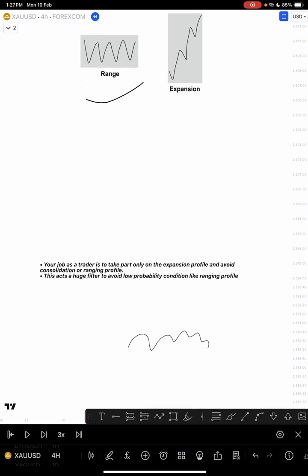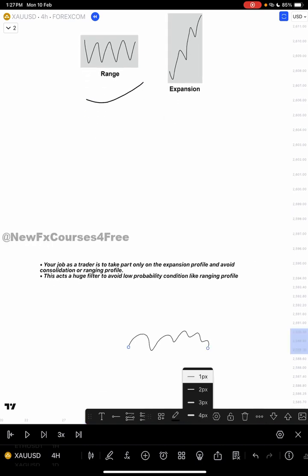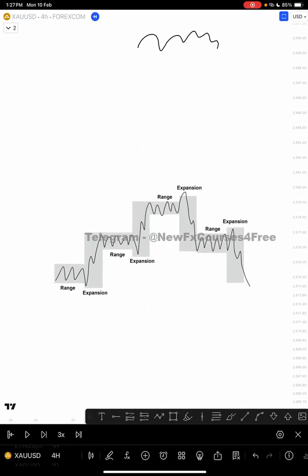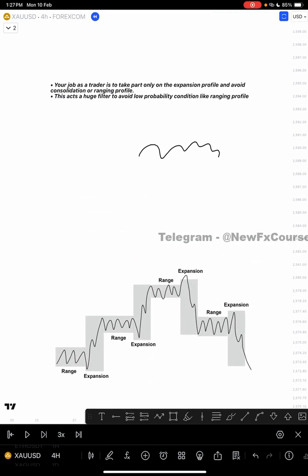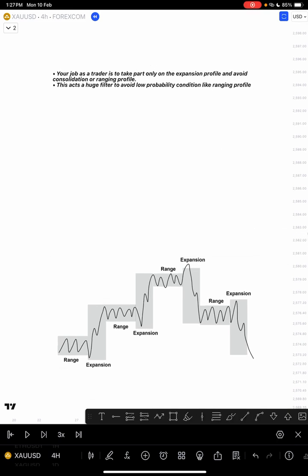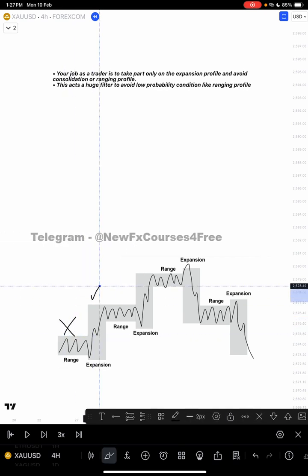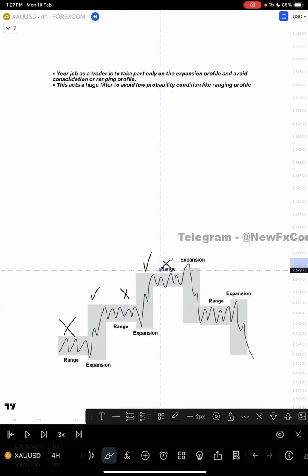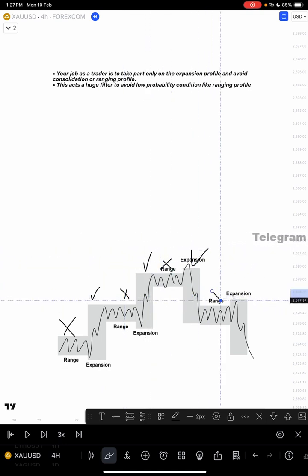So we are to avoid trading the ranging profile and focus on the expansion profile. Avoid this, focus on this, avoid this, focus on this.